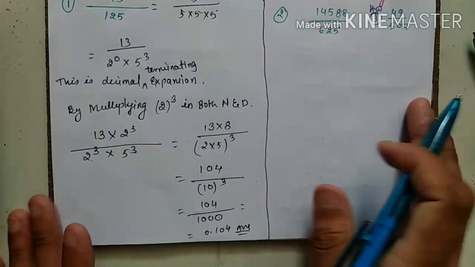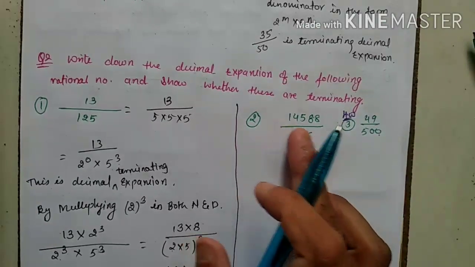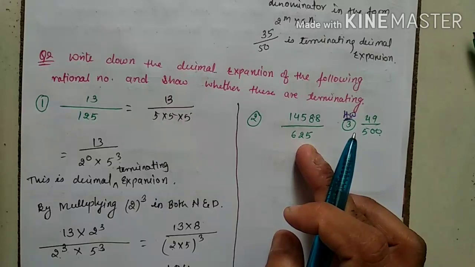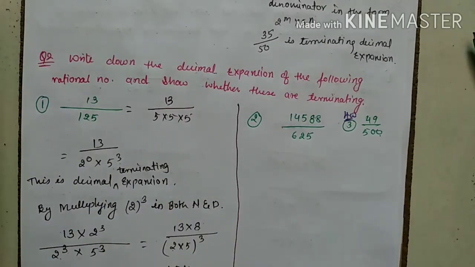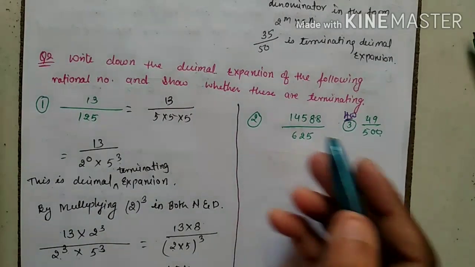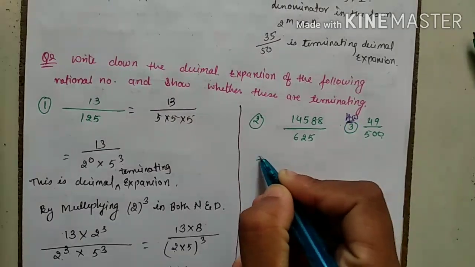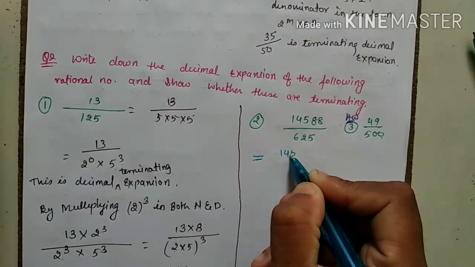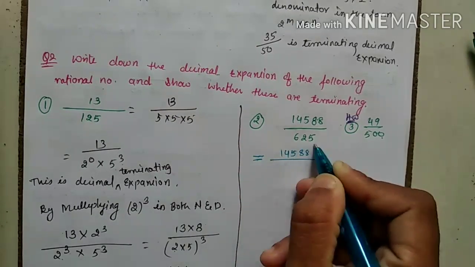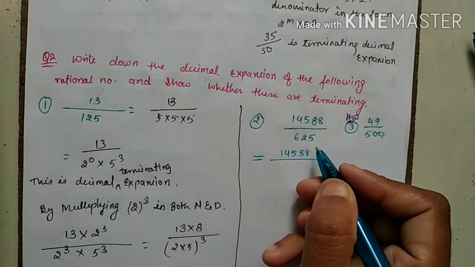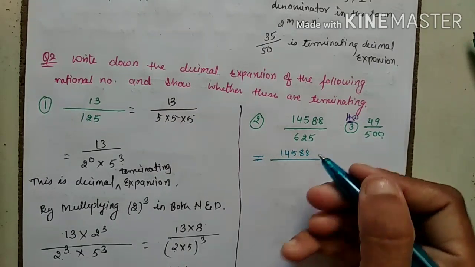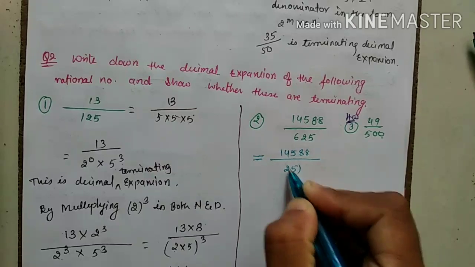The second question is 14588 over 625. Just understand, again first I am converting this number into the form of factors. So just see, 625 is a square of 25. Correct or not? You can write like this, 25 square.